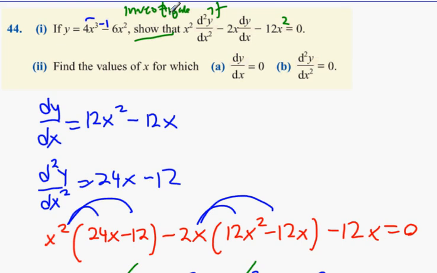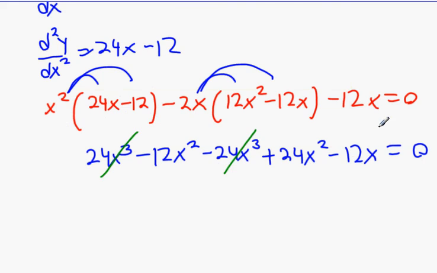Show that means it has to work, which in my terms means the book should have said 12x squared. Minus 12x squared plus 24x squared cancels. 0 equals 0. Take down that modification on question 44 now.